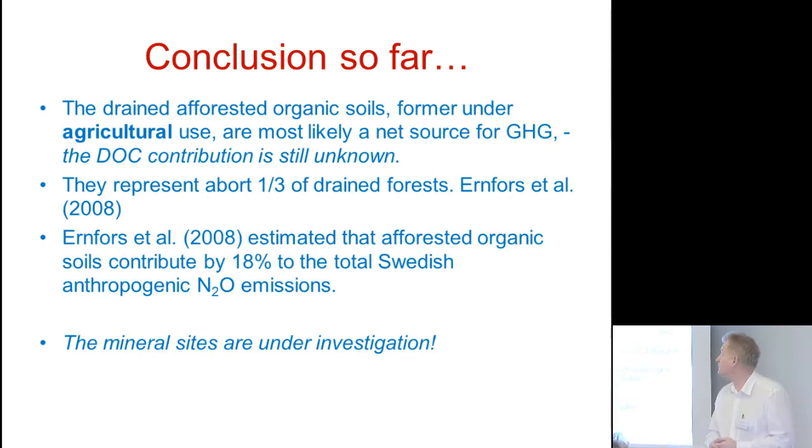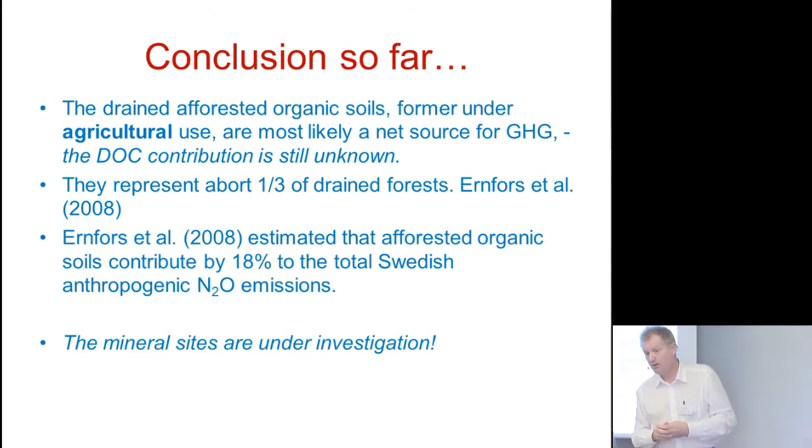My conclusions for this type of soil is that these afforested soils are most likely a net source for greenhouse gases as they are today, without taking the DOC into consideration. They are hotspots, and they represent 1/3 of the drained forest land.